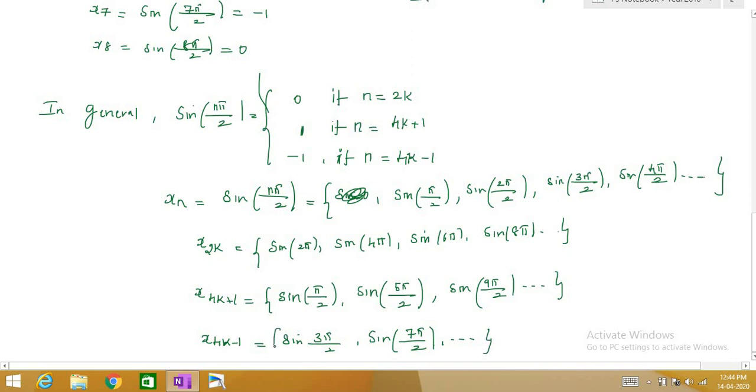So I considered three subsequences. You can see that this subsequence converges to 0, right? This subsequence converges to what? 1, and this subsequence converges to minus 1. So we have different limits for the subsequences. Therefore our sequence cannot converge, right? So we can also use this theorem.